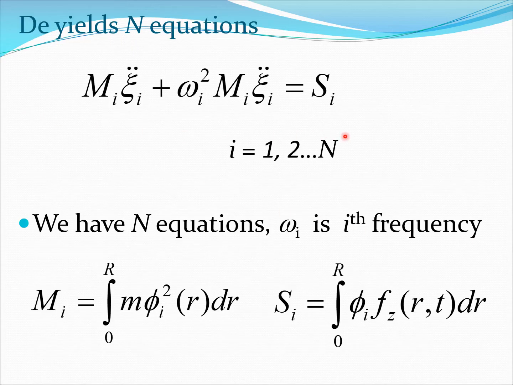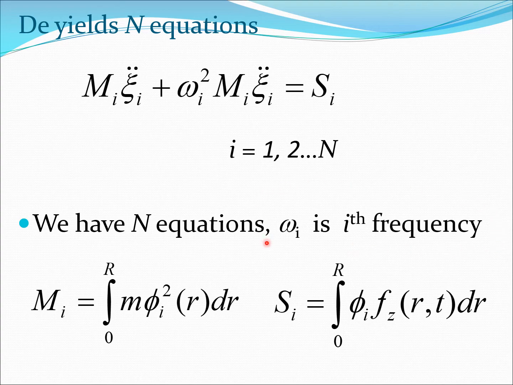Now, if you go back to the Galerkin method, you will see that that differential equation is now reduced to a set of n differential equations. The starting differential equations were PDEs, and now these are ODEs. And these are all more amenable to solution than the previous equation. So we have n equations, and we also know all the frequencies of the system.